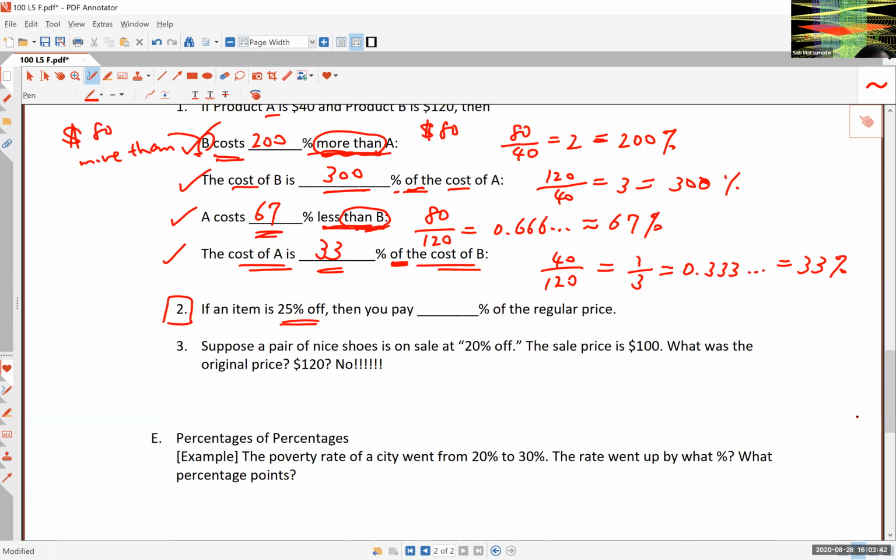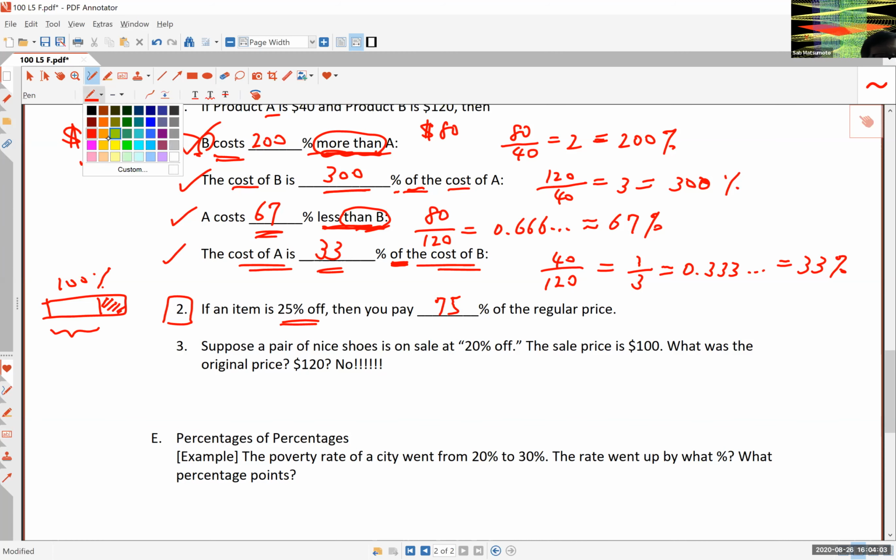If an item is 25% off, then how much are you paying? The whole thing is 100%, and if you're not paying the 25%, guess what? You're paying the rest of that, which is 75%. Now, this is very important.